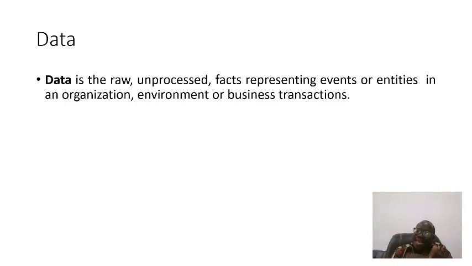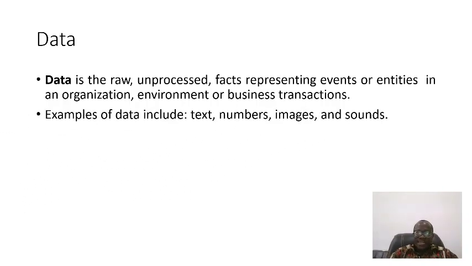But if you're able to tie that one to the amount that was withdrawn, to your ATM location and all those things together, you understand that okay, this fact is about the transaction that took place at a certain location. So data is raw and unprocessed fact representing events or entities in an organization, in the environment or business transaction.